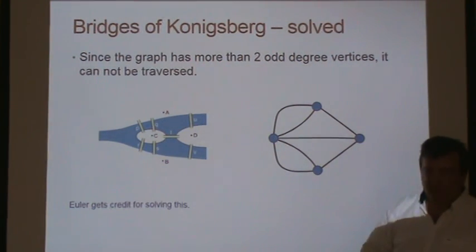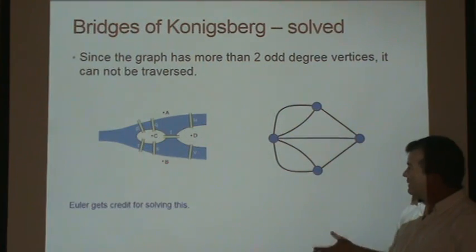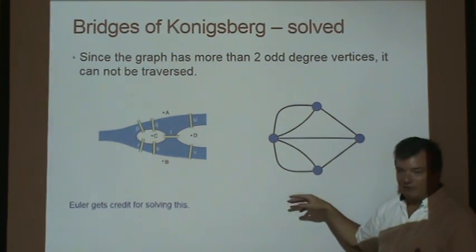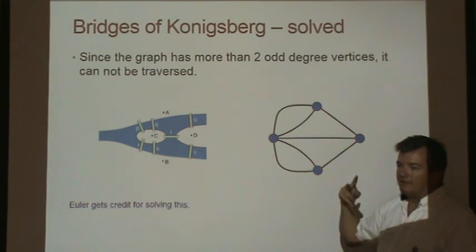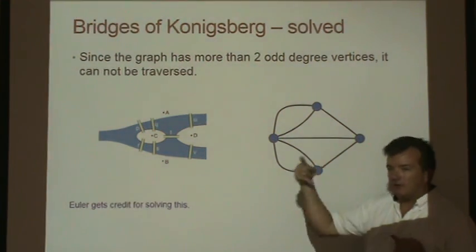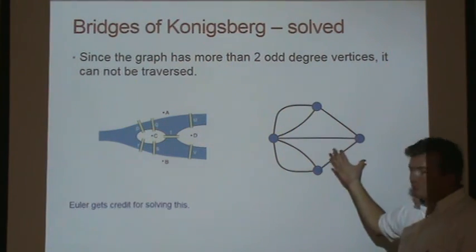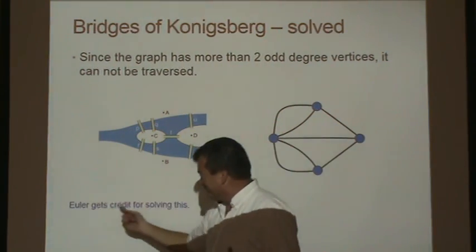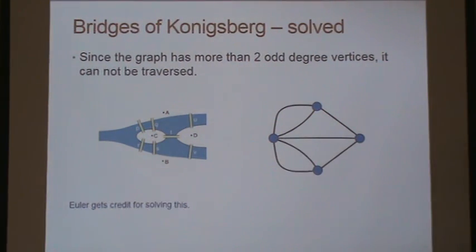We can only finish in one place. So for a graph to be traversable, it either has to have all vertices with even degree, or have exactly 2 odd degree vertices. And you'd have to start at one and you must finish at the other one. This one has 4 odd degree vertices, so you couldn't traverse it. So, yeah, Euler gets credit for pointing that out.